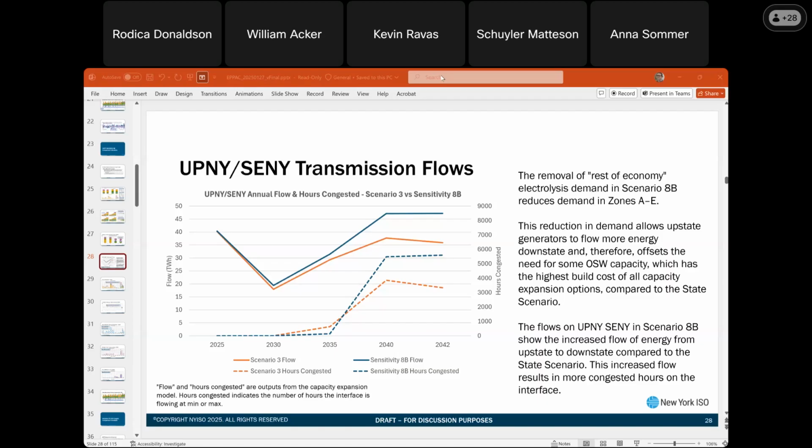It would be much better to look at production cost modeling if we could ever get any of that. But this is still valid information that hopefully we can dig into more later, and we can discuss the bulk work that's happening on the back end at a future EPAC meeting.